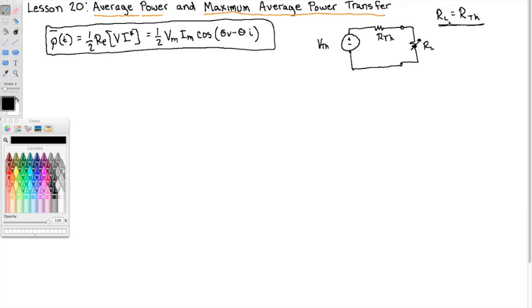We match the Thevenin resistance to our load resistor, and that's the load resistor we would connect to absorb as much power as possible from the circuit.